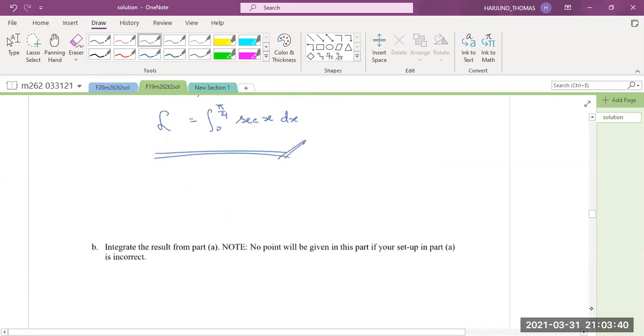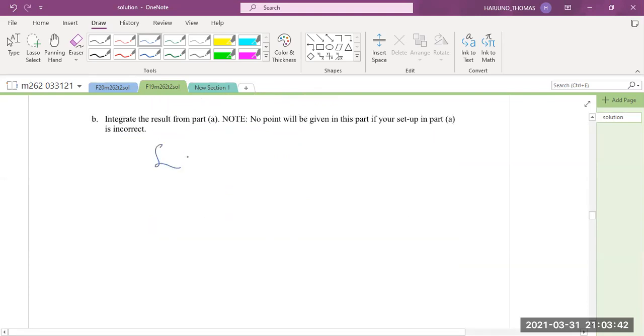Now part B, what is the length? It's the integral from 0 to pi over 4 of secant x dx. The integral of secant is the natural log of secant plus tangent.